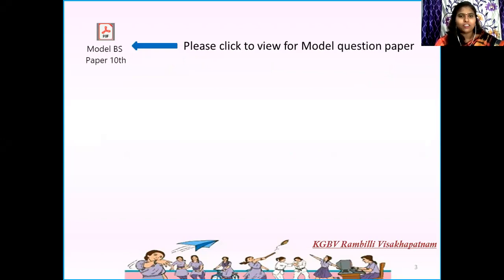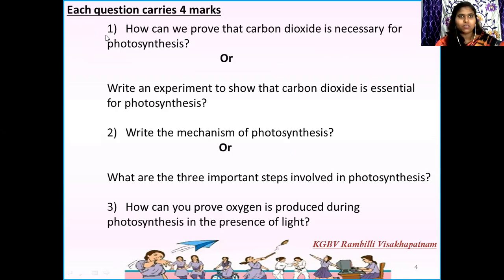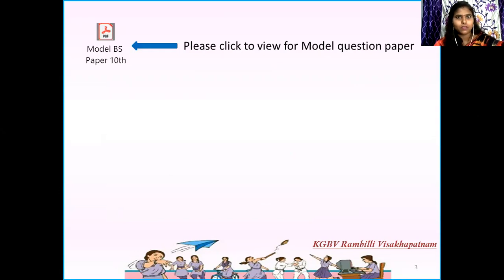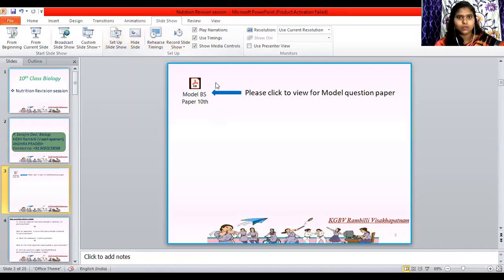First, let us discuss the model question paper you have. If you observe, the total biology question paper is for 50 marks.